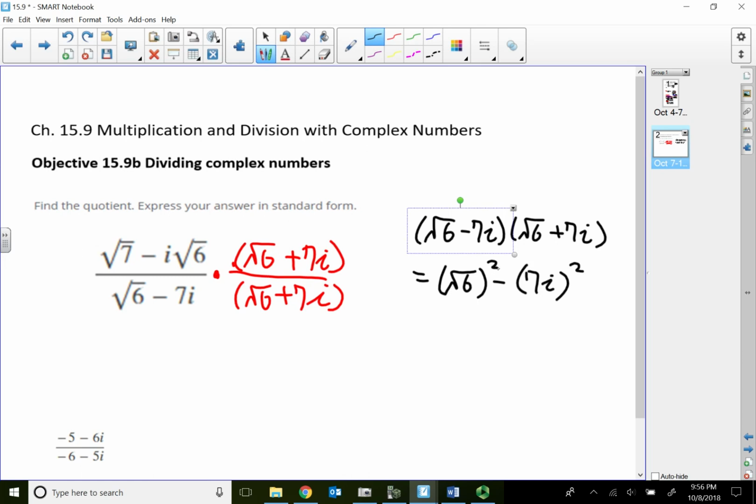So let's use some power rule here. Square and square root cancel out. It's 6. Power rule will tell me minus 7 squared is 49. i squared is negative 1, which will make my negative 49 become positive. So my denominator now actually becomes 55.